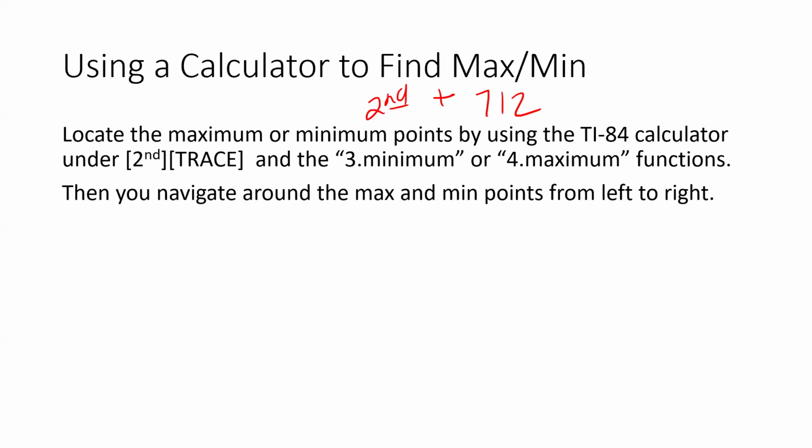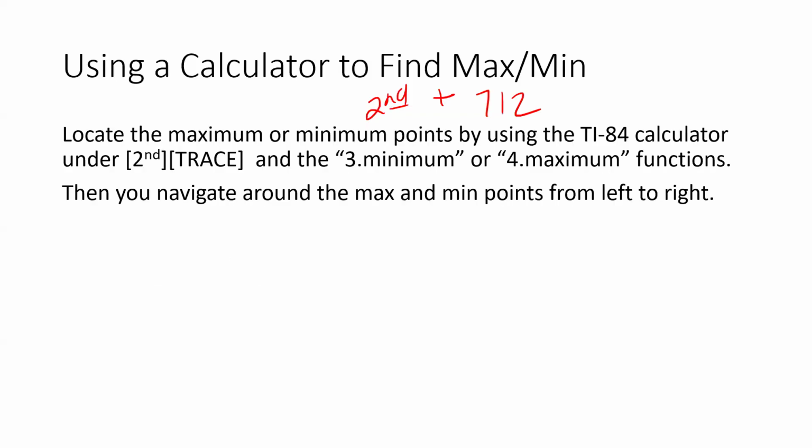When you're using the handheld calculator, it's going to be second plus 712. That's how you identify your maximum and minimums in the calculator. You would graph it, and then you would do second plus 712. If you're using Desmos, you just find it and click on it. That's pretty much it.